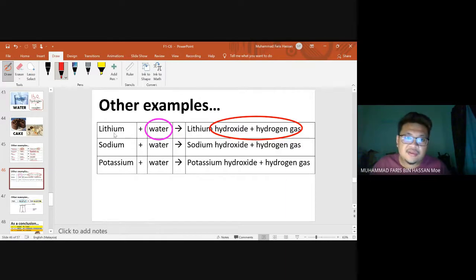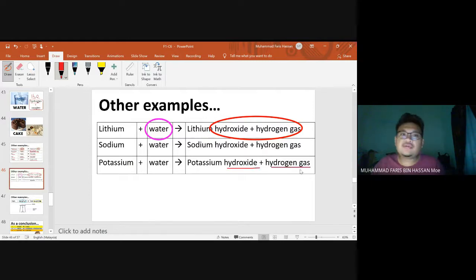For example, lithium reacts with water to form lithium hydroxide and hydrogen gas is released. Same goes for sodium, which forms sodium hydroxide and hydrogen gas. And same goes for potassium, which forms potassium hydroxide and hydrogen gas.